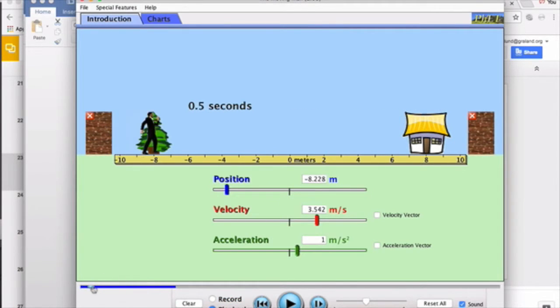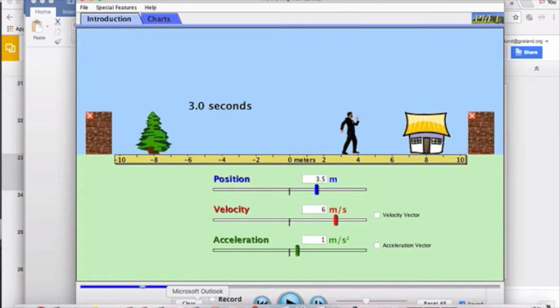After 1 second, he was going 4 meters per second. After 2, he was going 5. After 3, he should be going 6. So once again, if you started at 3, every second you get faster by just 1 meter per second.